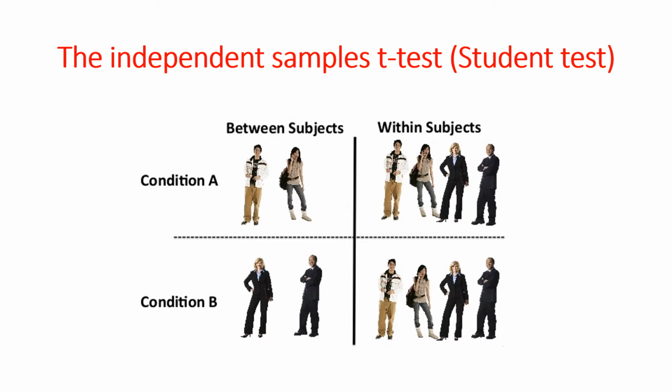I think that you have the data set now, PWA naming. In that data set, we have picture naming as the dependent variable, and also we have another variable called aphasia type, which consists of two levels.